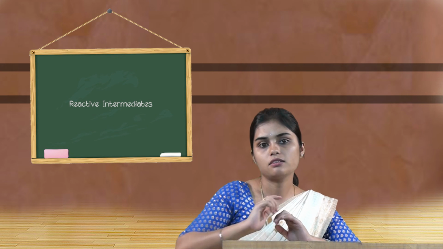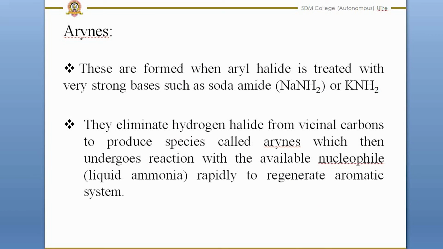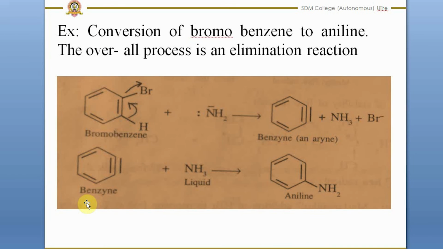One of the important reactive intermediates that we have to study is arynes. It is formed when an aryl halide is treated with a strong base like sodamide or potassium amide. This slide shows the reaction of how exactly the benzyne is formed, and benzyne is a very reactive one.